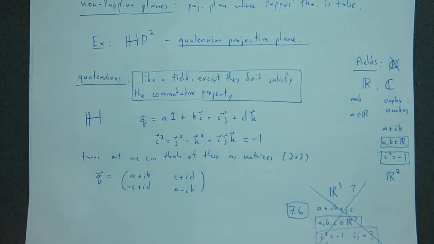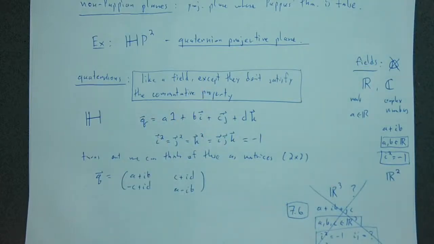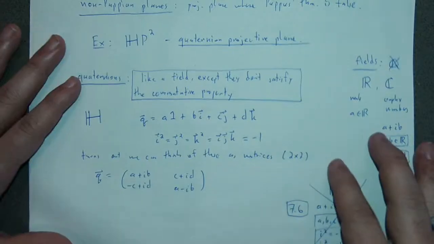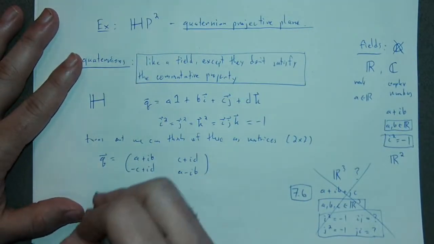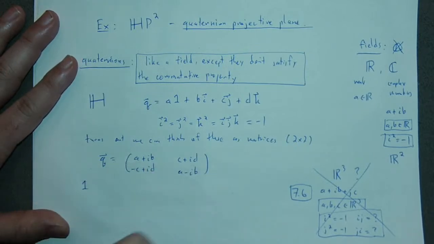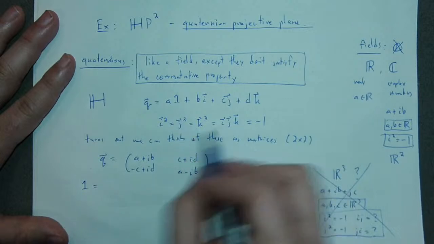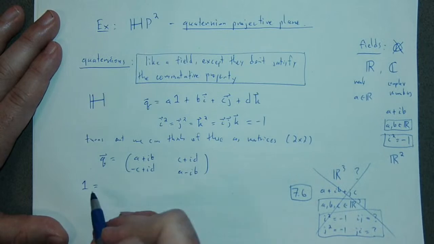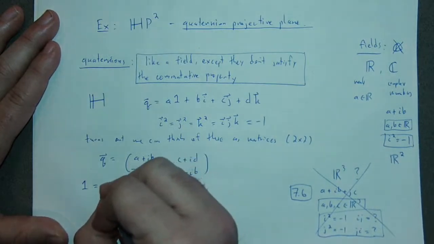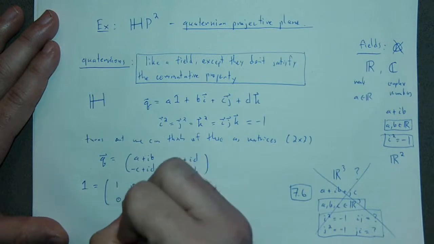Okay. And so you can actually show the field axioms following from this description. So notice, what does this look like if I write my 1, I, J, and K using this way of thinking about the quaternions? What would 1 be? 1 would be the matrix 1, 0, 0, 1.